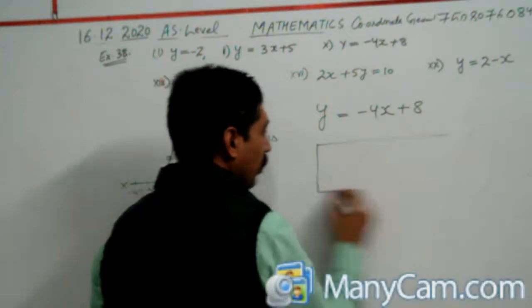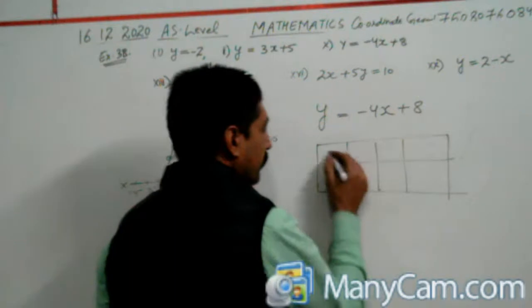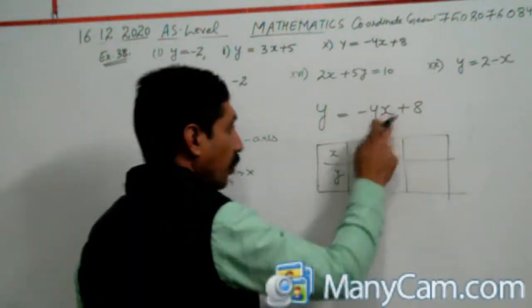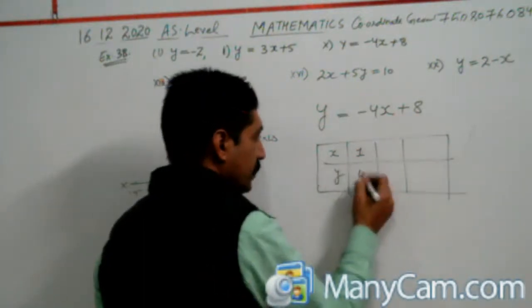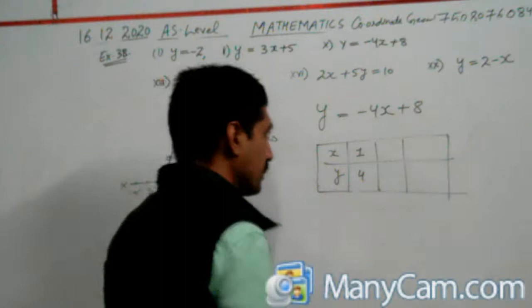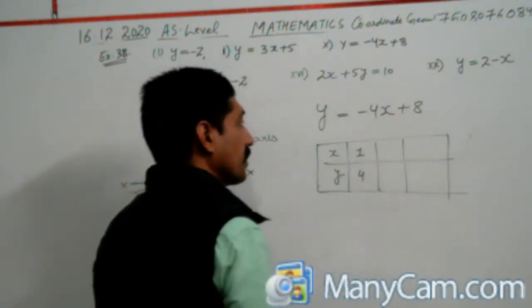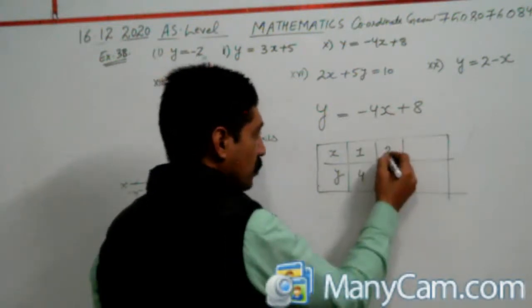We will make a box, and in the box we will take x. If x is 1, y is equal to 4. If x is 2, y is 0.